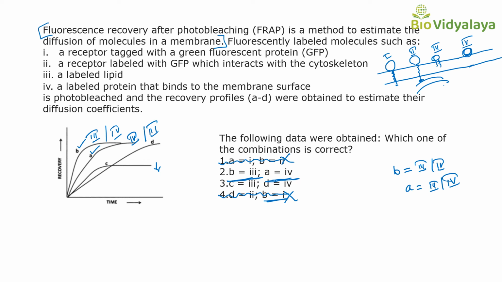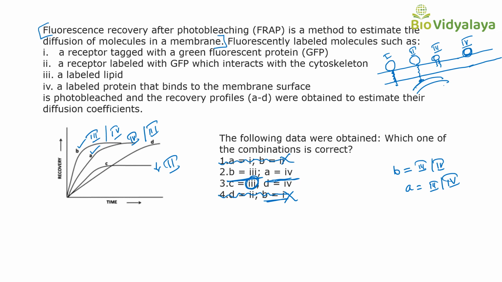Now we have option 2 and 3. So see this graph C. Here we can say that this graph is for the molecule that is moving very slowly. Which one is moving very slowly? Yes, the receptor labeled with GFP which is interacting with the cytoskeleton. So C is 2. Here in option 3, C is given 3.